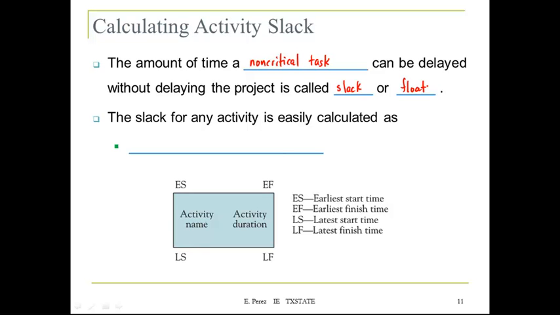The slack for any activity can be calculated using this notation. So if you can identify this for each activity, then you can compute the slack in two ways. One way is the latest start time minus the earliest start time, or this is also equal to the latest finish time minus the earliest finish time, and this equals the slack.